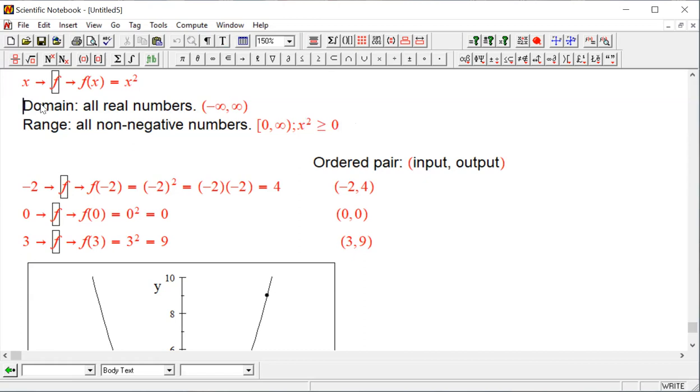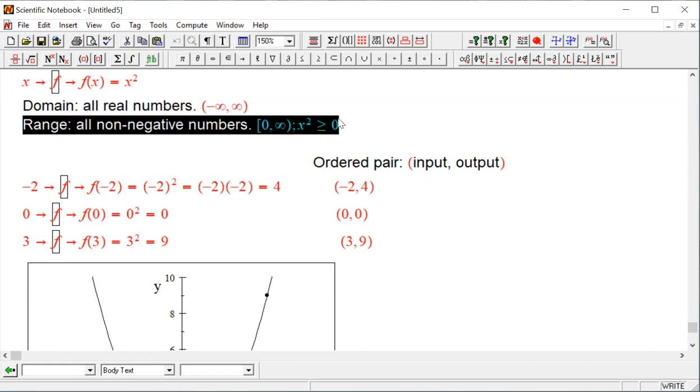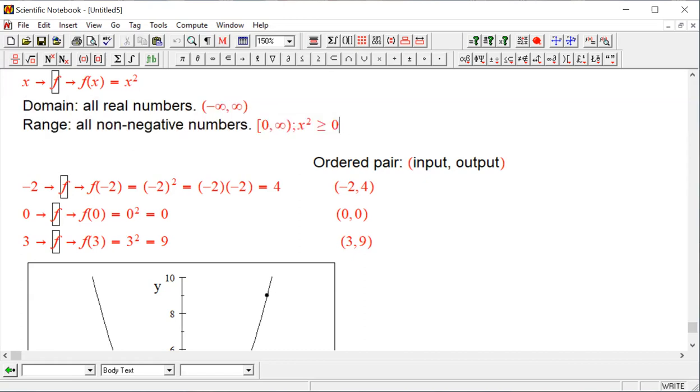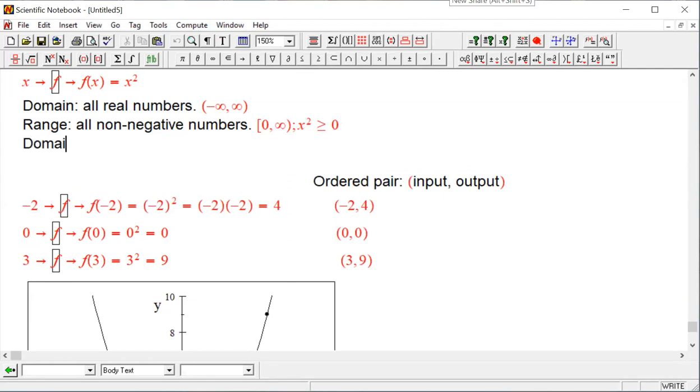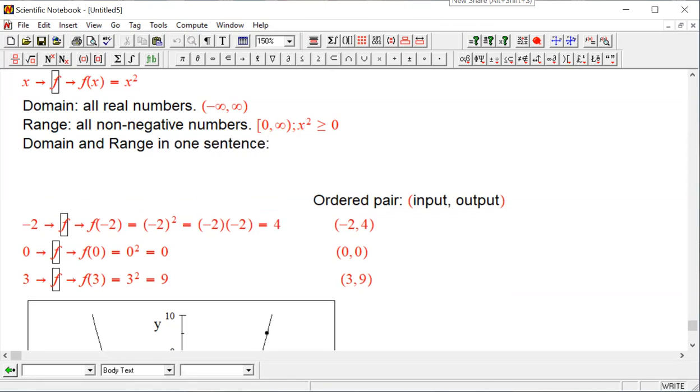And we can also combine domain and range in one sentence here. Domain and range in one sentence. Very useful sentence. Which is x squared is greater than or equal to 0 for all real number x.